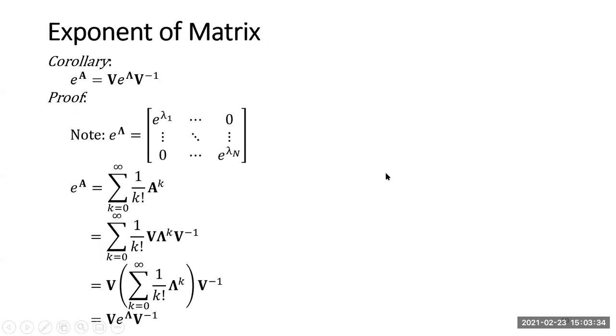We can also define a matrix exponential. E to the A is equal to, now this is interesting, V E to the lambda V transpose. The eigenvectors are V and V transpose because A is symmetric, and E to the lambda is defined like this. Basically, element-wise, we are exponentiating the diagonal elements.